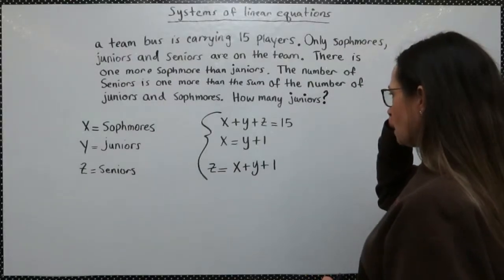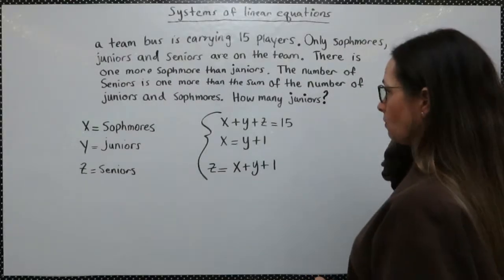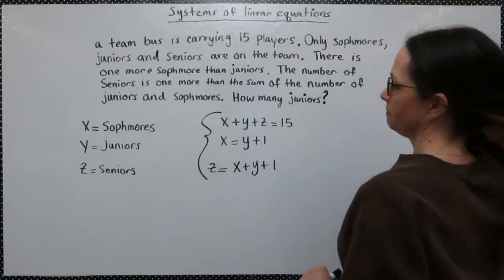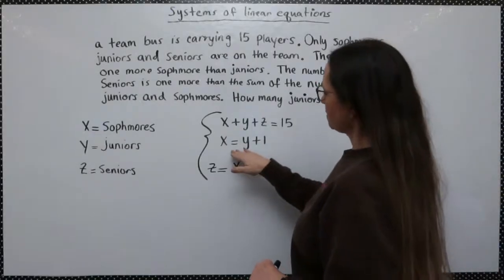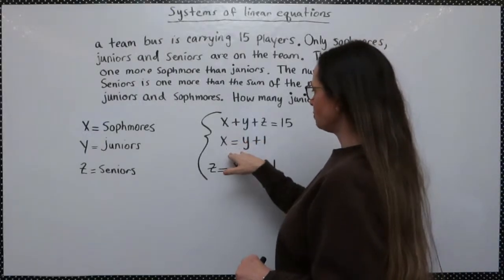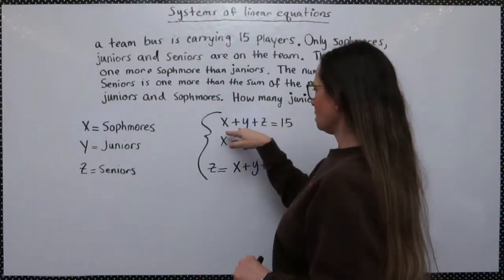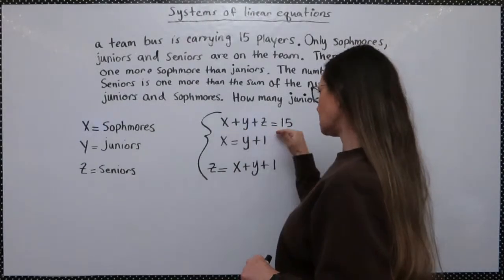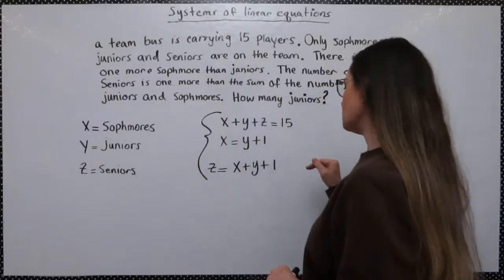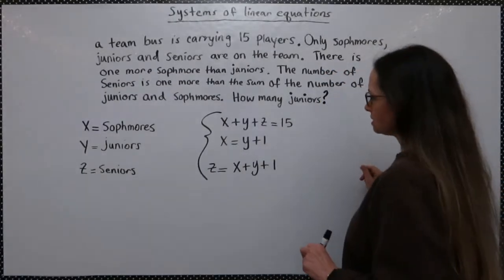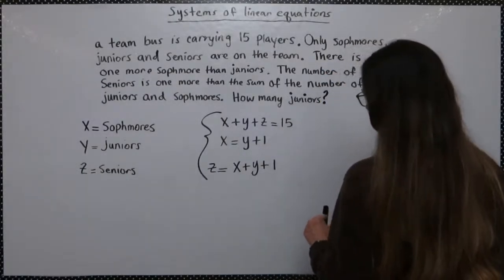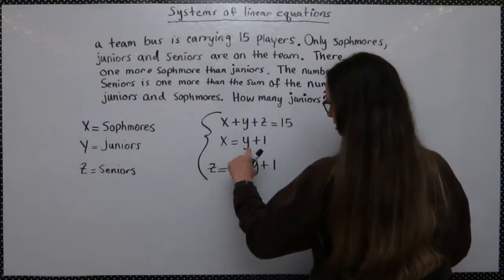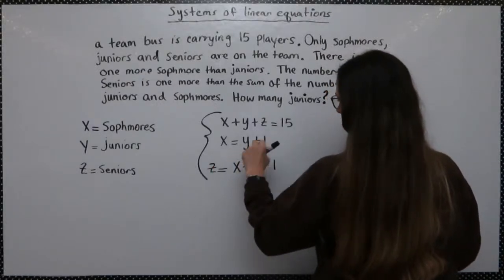So what I think I want to do is, I noticed we've got them equal, so I think I want to put them all in the same general standard form and see if that helps me. So I'm just going to rewrite x equals y plus 1.